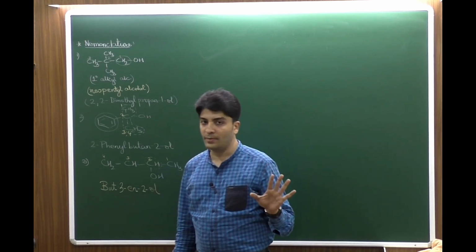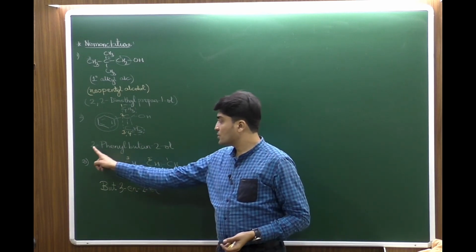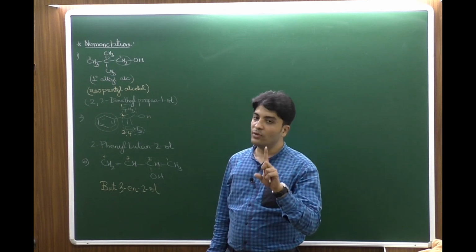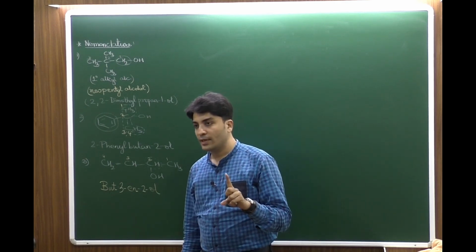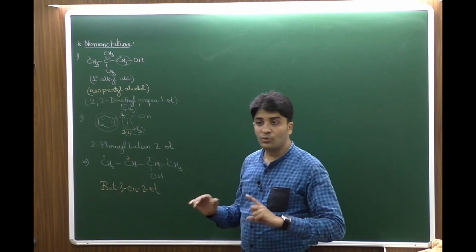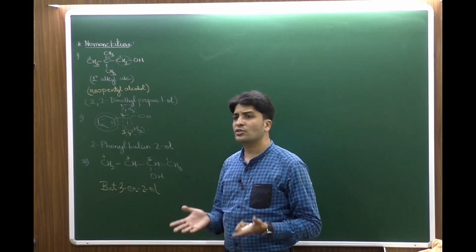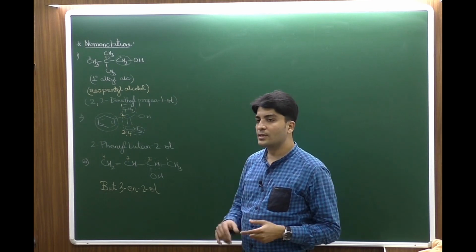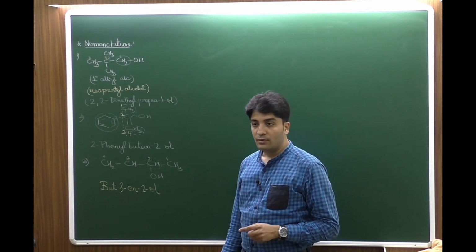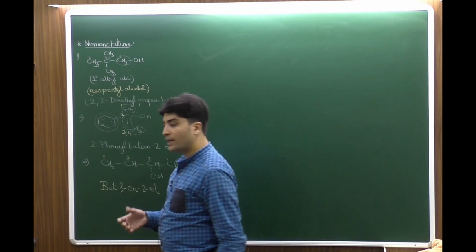If the substituent's position and the functional group's position clash, it will be a tertiary alcohol. If the position of the substituent and the functional group don't clash and the functional group is not on the first carbon, it will be a secondary alcohol. So this way, just from the name you can identify.